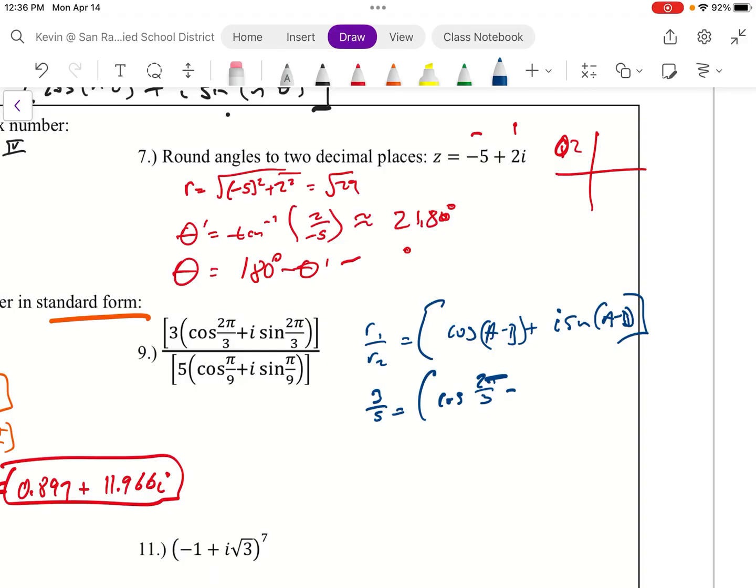And this is going to be cosine of 2 pi over 3 minus pi over 9 plus i sine of 2 pi over 3 minus pi over 9.